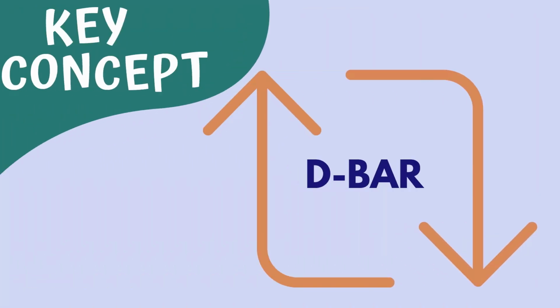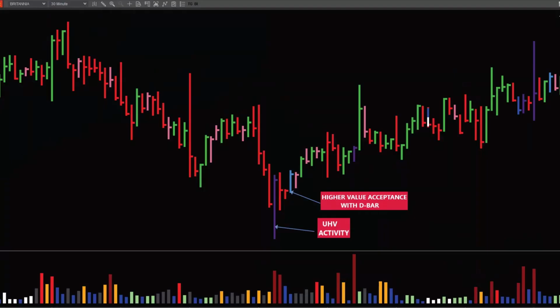Moving to our third kind of activity, that is the D bar, what we call a daring bar. Okay, so giving you a small brief about the daring bar. The daring bar has been highlighted in a light blue area.